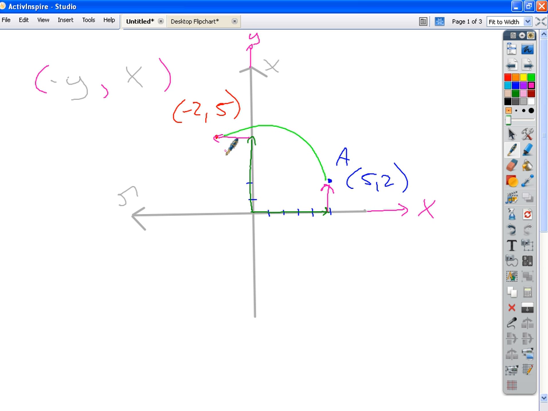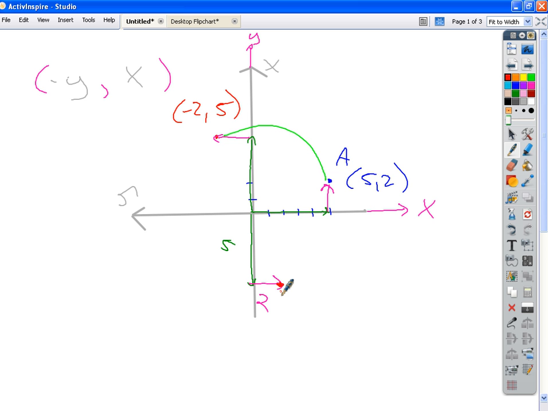And then what used to be up becomes what? To the right. So I end up with that, right? My coordinates would now be, if I did a clockwise rotation, traveling in the x direction 2, and in the y direction down 5, so negative 5. See how that works?